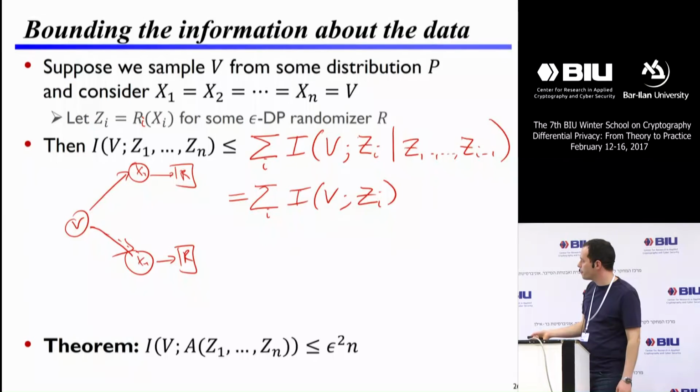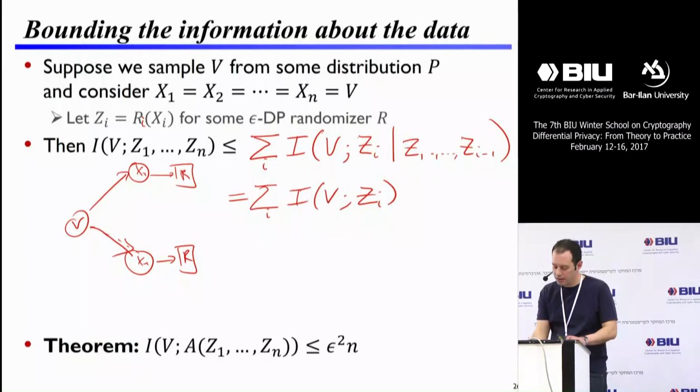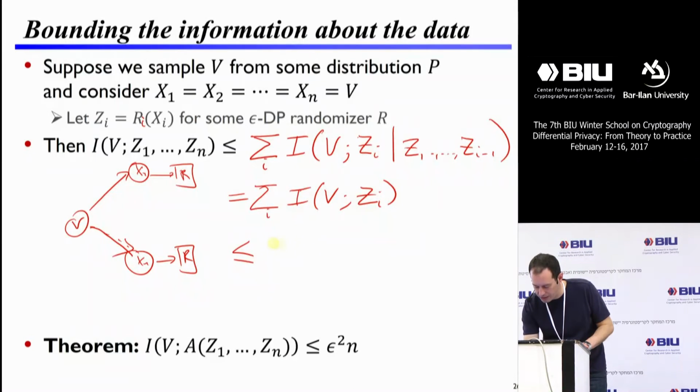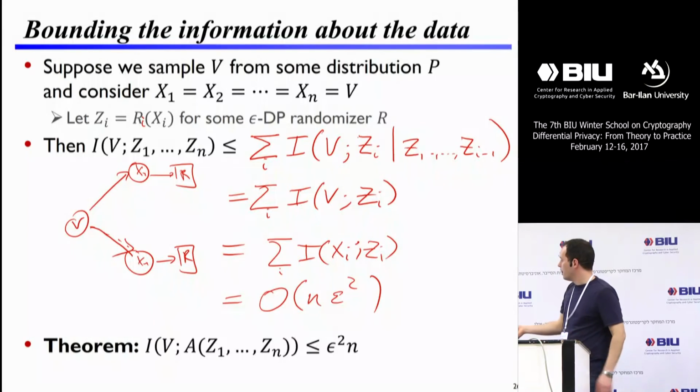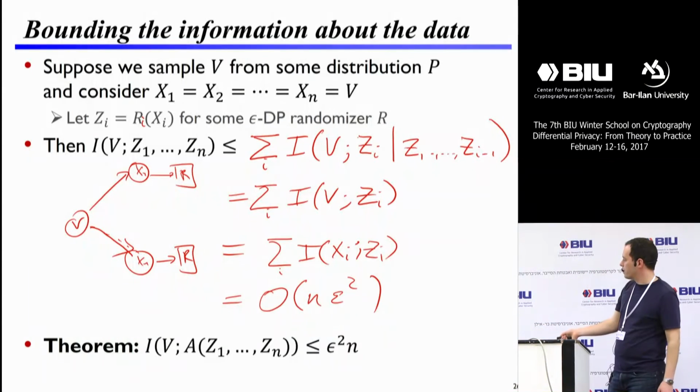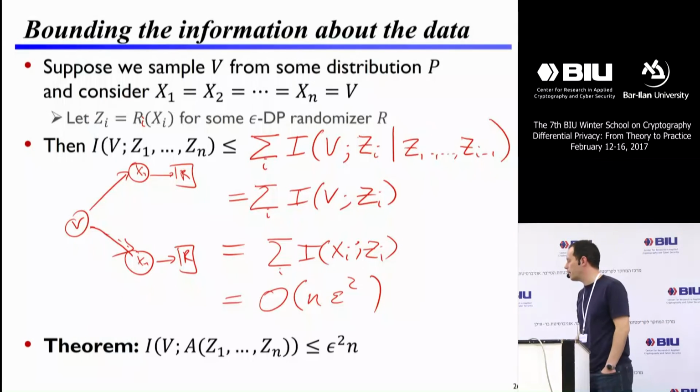And now, because v is equal to xi in this particularly simple case, this is equal to the mutual information between x and z, its corresponding output, and as we just said, each of those terms is bounded by epsilon squared, so the whole sum is bounded by n epsilon squared.